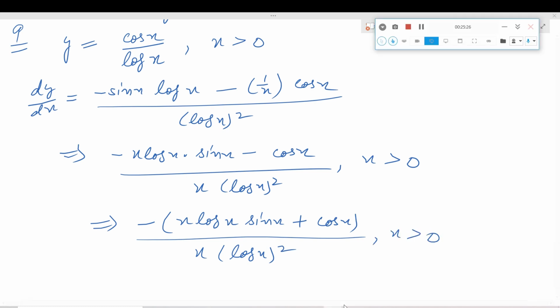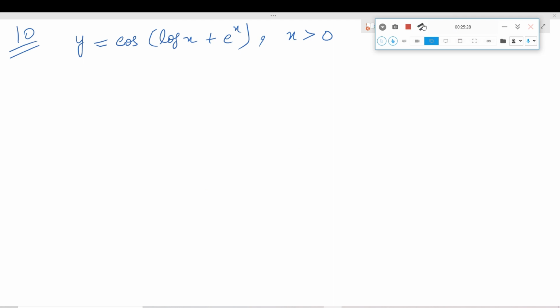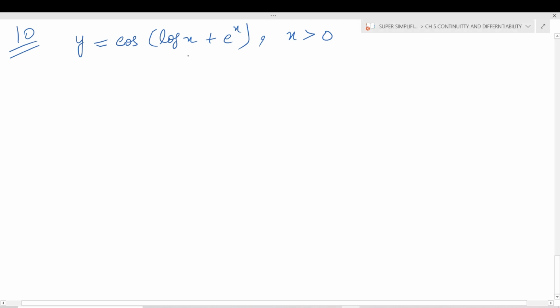Now question number 10 is y is equal to cos of log x plus e^x. Cos function is applied on another function, so again the composition of two functions. So now dy by dx will be equal to cos of f(x).